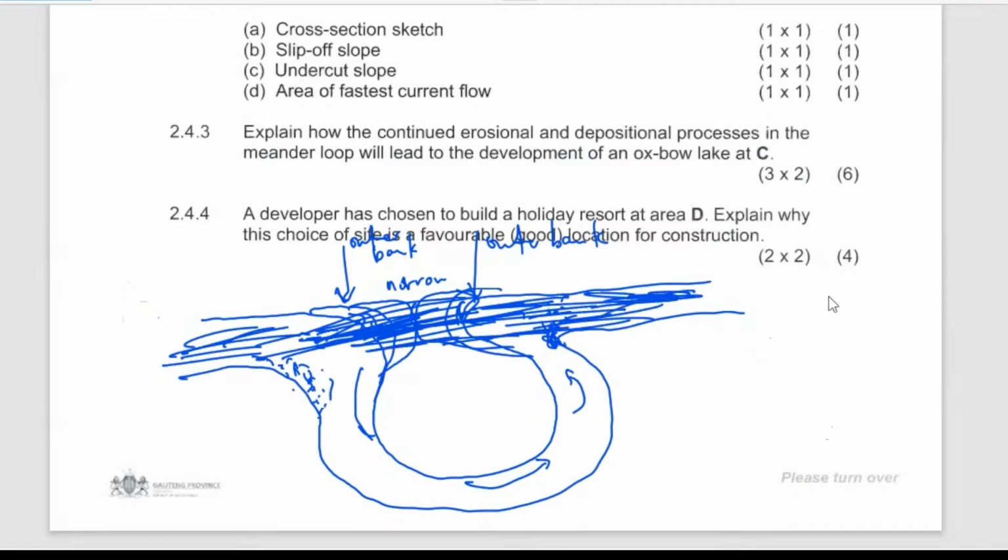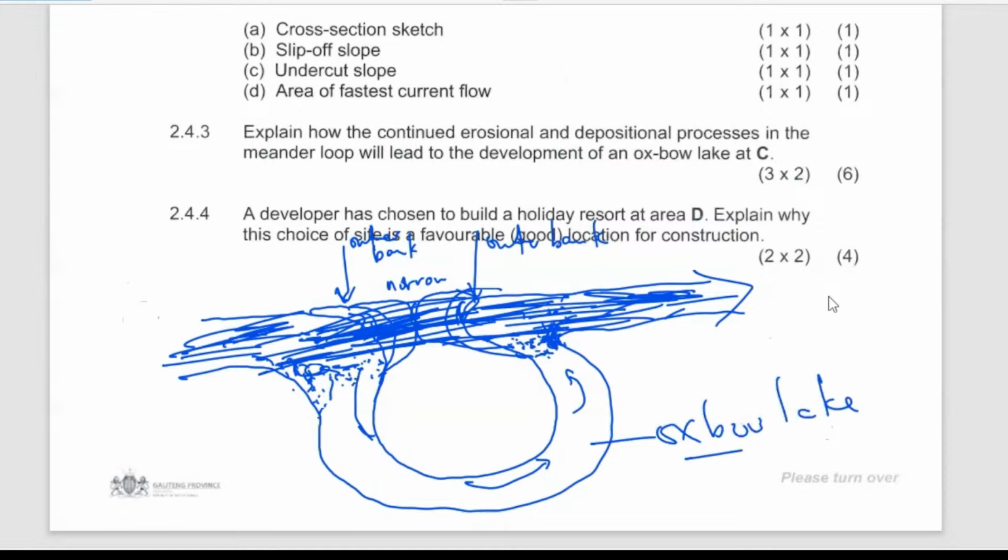The river is no longer meandering, but now is following this straighter course going in that direction. And there will be deposition happening around this area that is going to cut off this part, which was a meander, cut off by deposition, which will happen on either side of the loop here. And this will now develop as an oxbow lake.